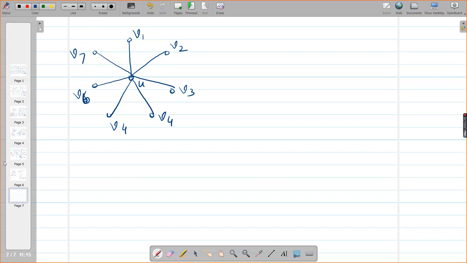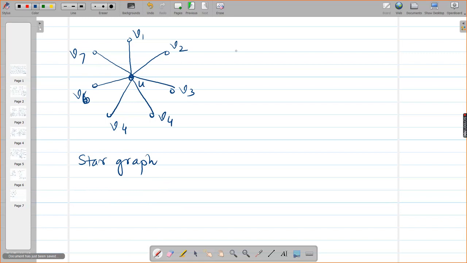This is K1,7. This is called a star graph, where one vertex is at the center.